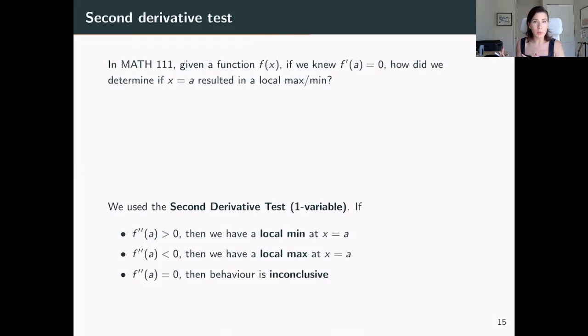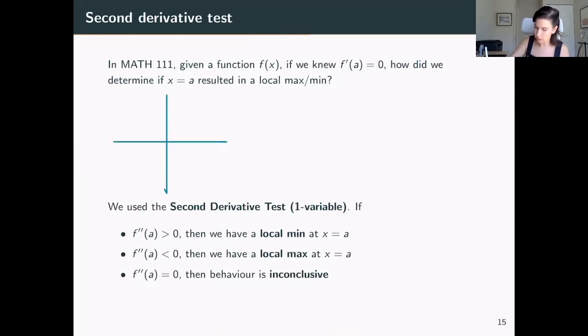So we know based on that warning and our work in 111 that not all critical points result in extrema. And I promised a picture to demonstrate that, and I'll go ahead and show it here. I'm going to have 3 examples where my derivative is 0 at a point x equal to a, but in one of them, I don't have a local max or min. So we could draw 3 different axes.